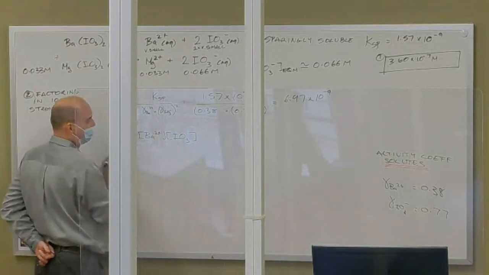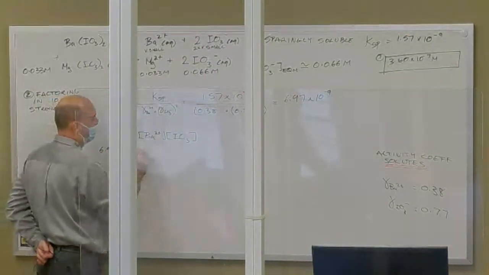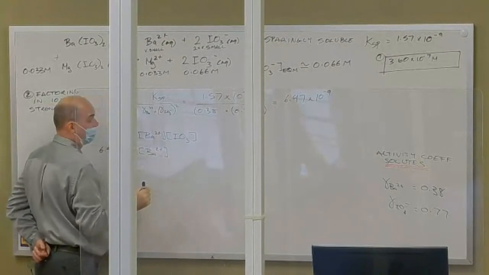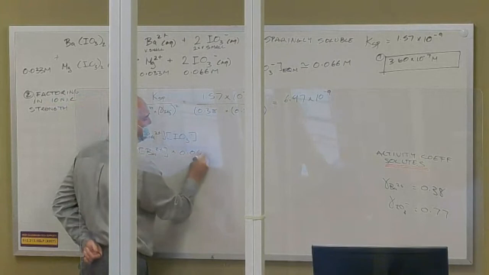So this gets to be 6.97 times 10 to the negative 9 is equal to the concentration in equilibrium of the barium times 0.066.